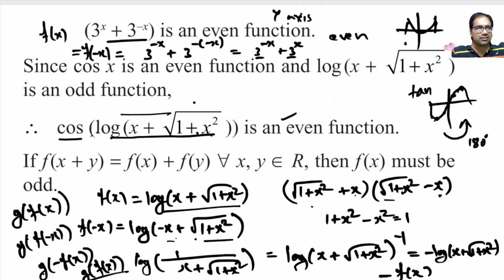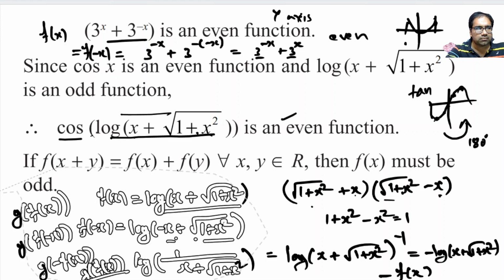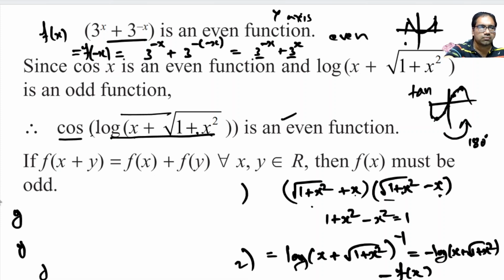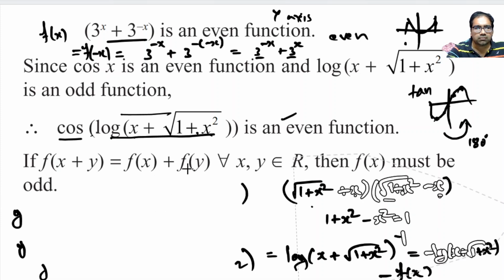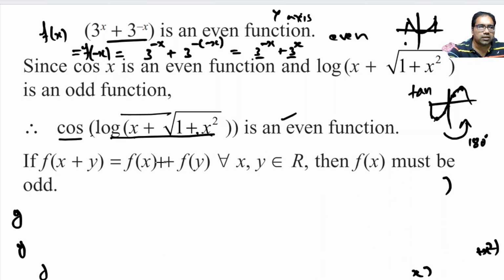Now let us take the third case. We want an odd function, right? F of x plus y is equal to f of x plus f of y. Now here let's do one thing. Let us substitute y equal to minus x. What does that mean?